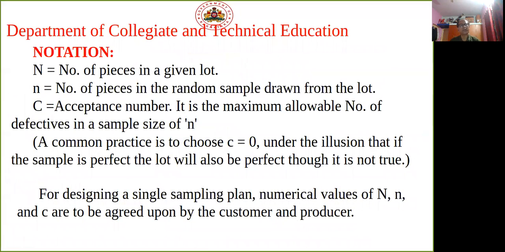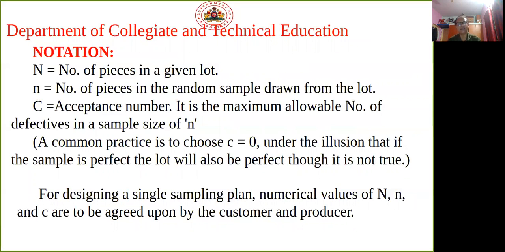Now, the single sampling plan notations. What are the notations for this single sampling plan? Capital N represents the number of pieces in a given lot. Small n is the number of pieces randomly selected or drawn from the lot.